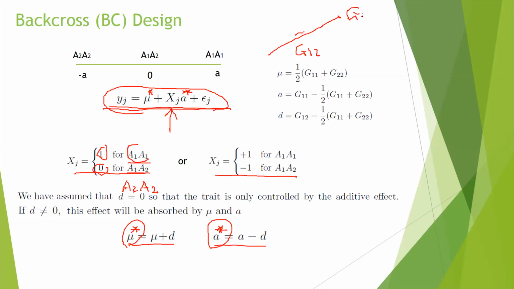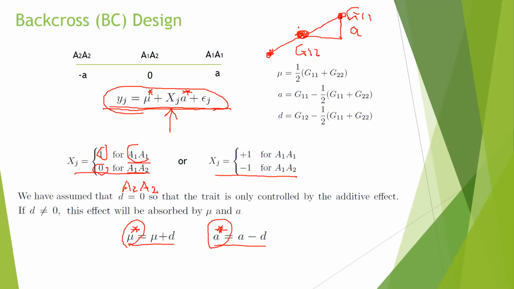If we do not assume there's a dominance effect, what is the consequence of that assumption? If there's no dominance effect, then this locus is an additive locus, so the G12 should be equal to the midpoint, right? And the difference between G11 and G12 is A, right?